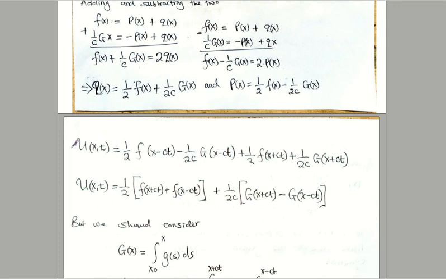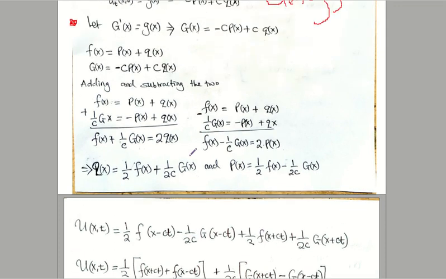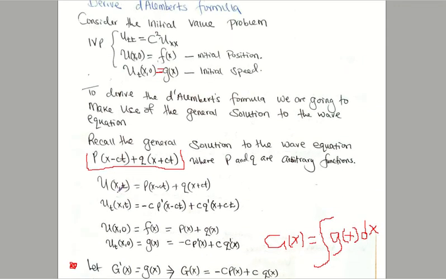Now we come to get u(x,t), right? We are not now having only x. If we go back, you will realize u(x,t) equals p(x minus ct) plus q(x plus ct).